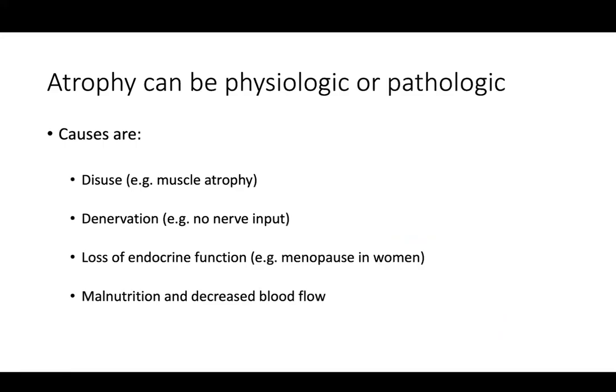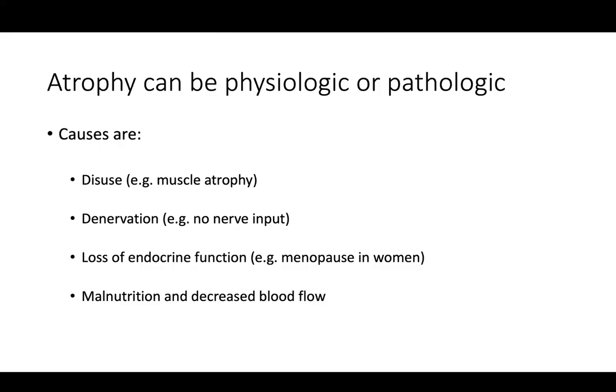There's lots of reasons why atrophy occurs. Atrophy can be physiologic, or it could also be pathologic. So physiologic would mean it's part of the normal process within the body. Atrophy does occur normally. If you think about a lady that undergoes menopause, if you were to actually look at her uterine lining, the endometrial lining would have less glands after menopause.